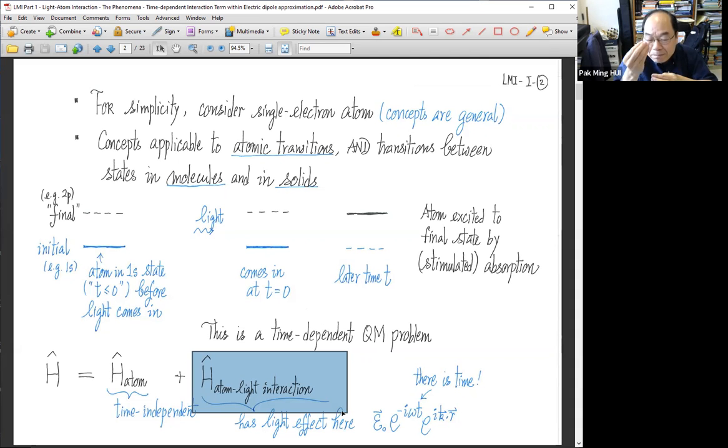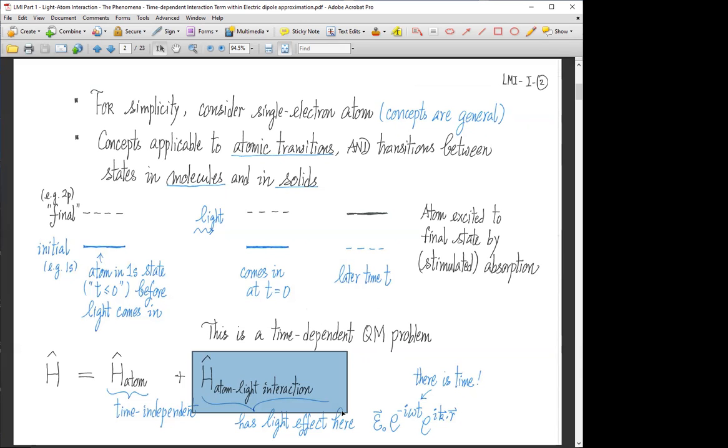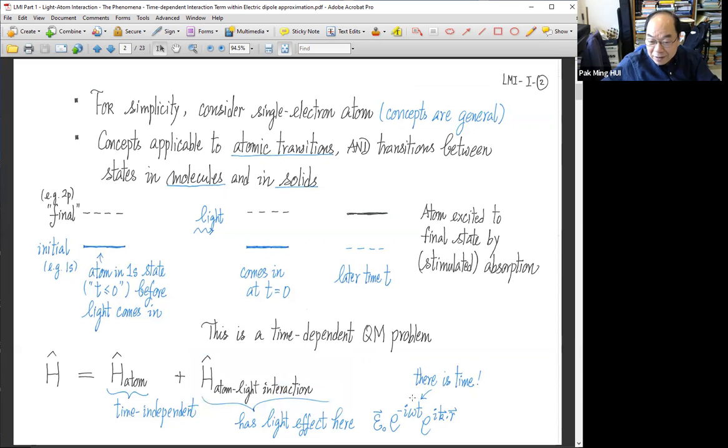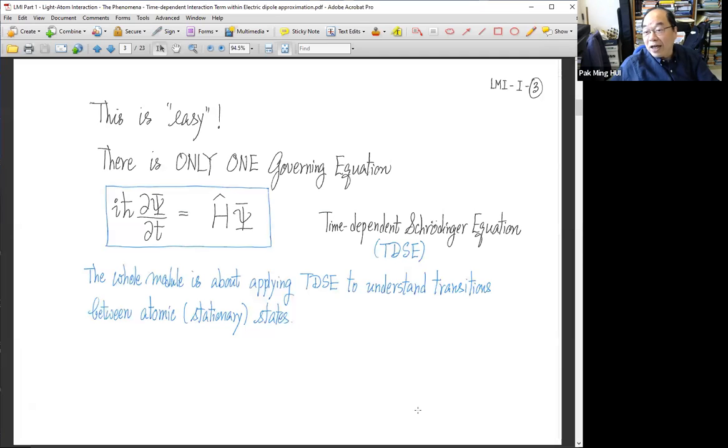So in this matter-light interaction, variables in the 2 separate entities, matter and light, must both appear. They interact. Because light is oscillating in time, we have time here, and thereby we need to do time-dependent quantum mechanics.